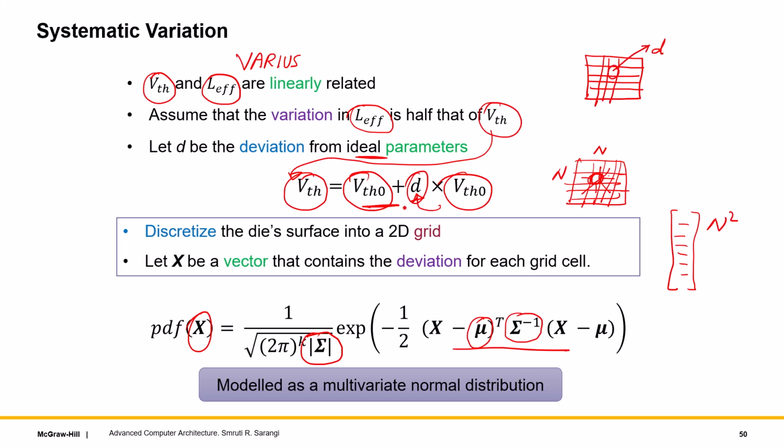If the deviation is 0, it means the value is the same as the baseline, but otherwise there is some deviation. If I consider all the values in entirety, it follows a multidimensional or multivariate Gaussian distribution.